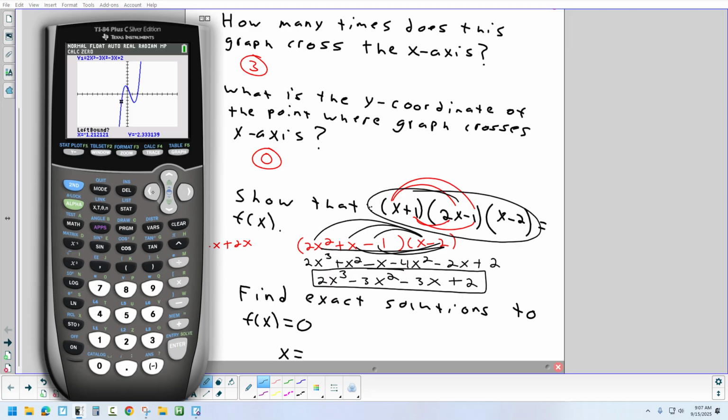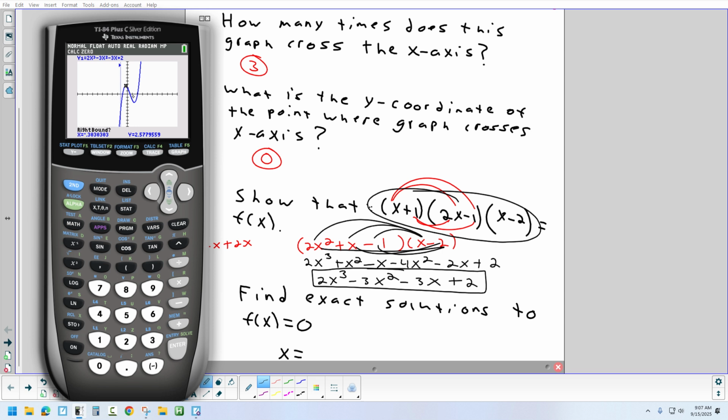Okay, I'm going to do the one that's all the way on the left side of the screen, right here. So I need to put my cursor somewhere that is to the left of where it crosses the x-axis. And that's fine right there. When I hit enter, it creates kind of a boundary line on the left that says, okay, I'm going to look between that line, and now I need to move my cursor somewhere to the right. I don't want to go too far to the right that I get these other ones in there.